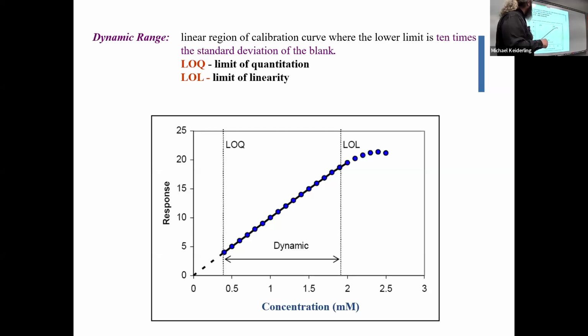And then the upper limit is the point where it stops being linear in concentration, because you can't use your simple linear equation anymore. So there's an issue with a number of things where, if you get too much of your sample, it saturates, and it's hard to figure out concentration.